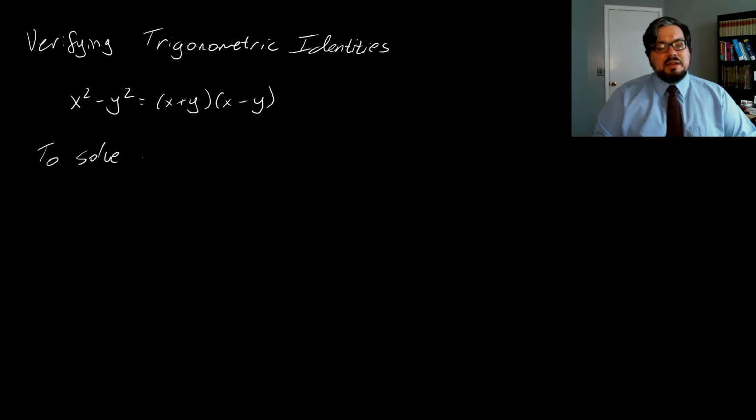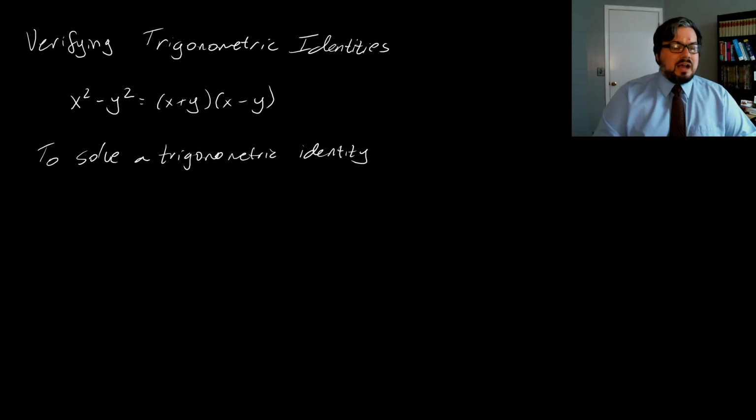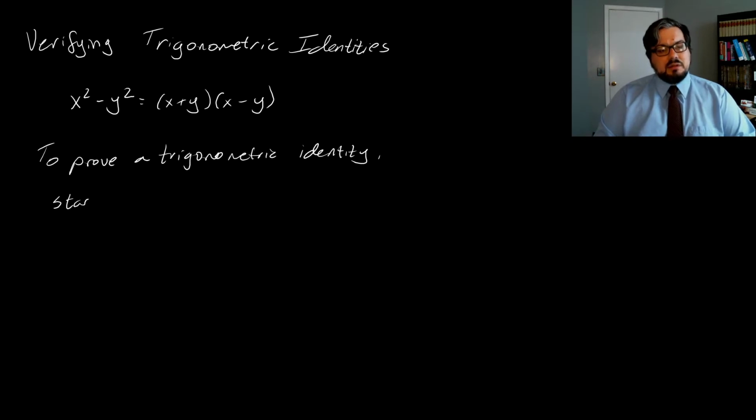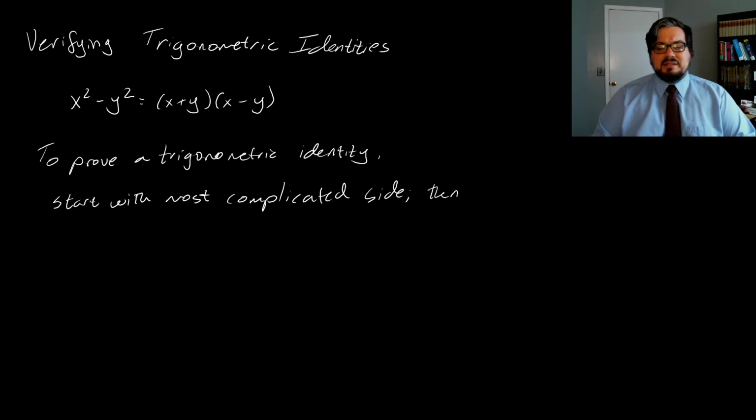So, or really I should say here, to prove a trigonometric identity, what we usually do is to start with the most complicated side, then simplify to get the other side of the identity.